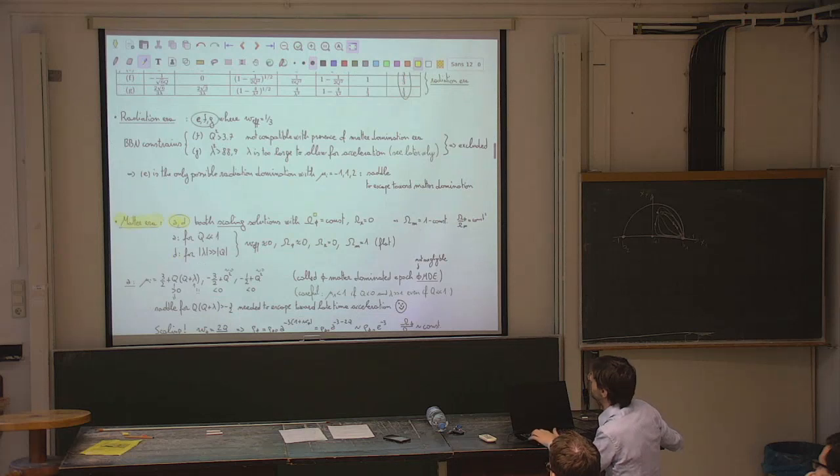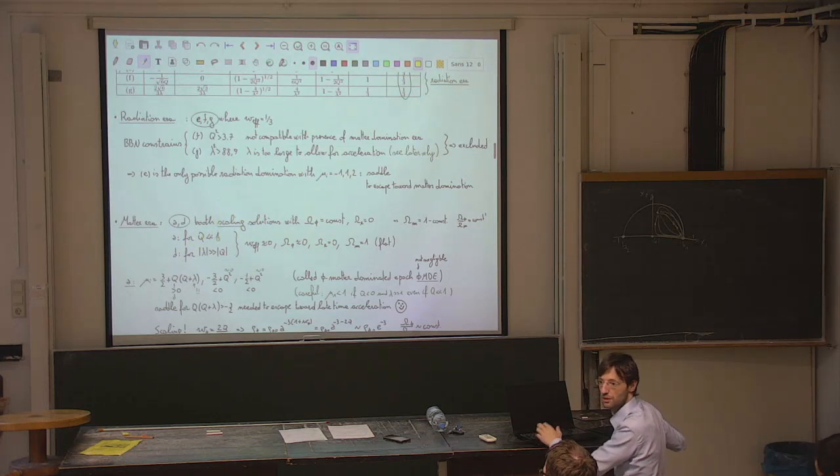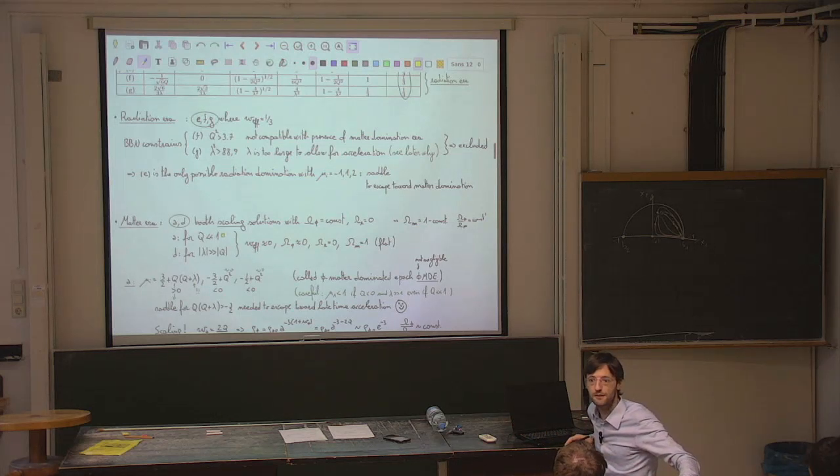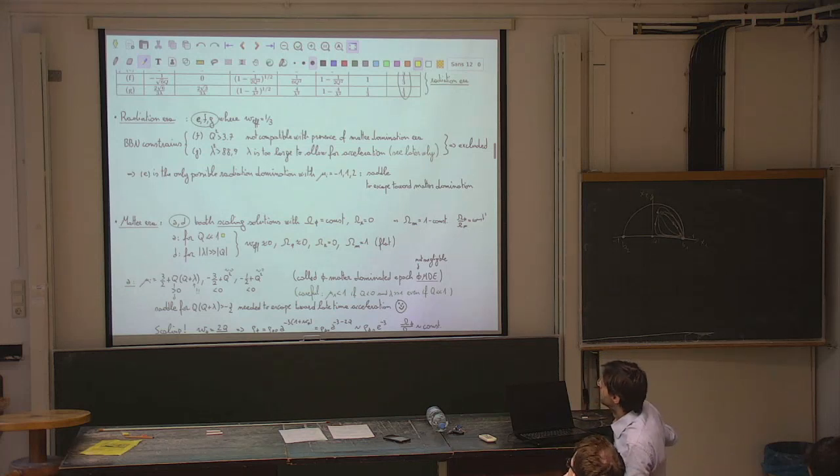A nice thing about these two solutions is that they are both scaling solutions. Q must be small, because otherwise we would break the local constraints that we have on gravity, on the motion of matter in our local universe, in our solar system, for example. So Q must be very small, such that we have this sort of matter domination.